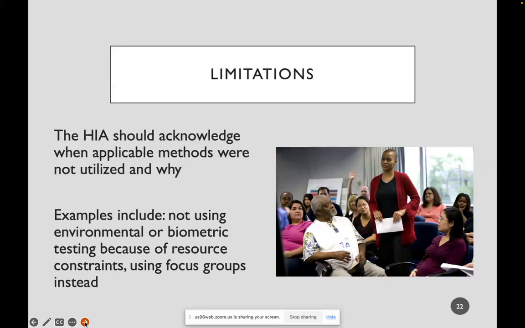So making sure that you understand those contextual limitations and that you're very clear about them. I'm not saying that you need to put in your HIA that the people of Puerto Rico don't trust the US government, because that's not true in all cases. What you need to put in there is, we did not do biometric testing for these reasons.